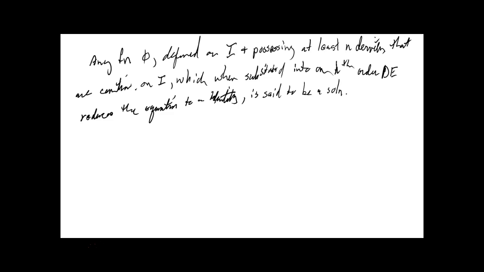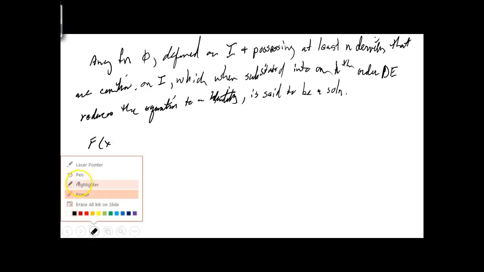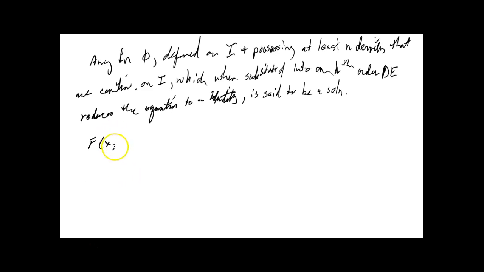In other words, a solution of an nth order differential equation is a function phi that possesses at least n derivatives for which, this is written in that other form, f of x, phi of x, phi prime of x, phi double prime of x, keep going up to and including phi to the nth of x.